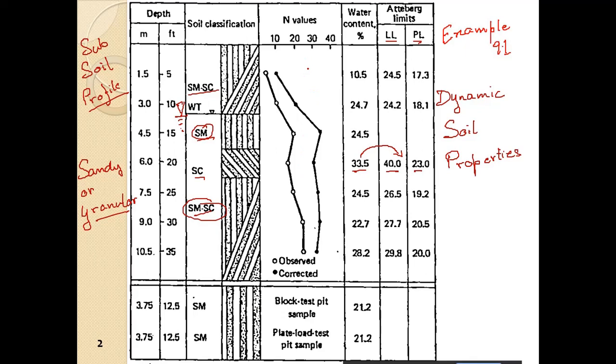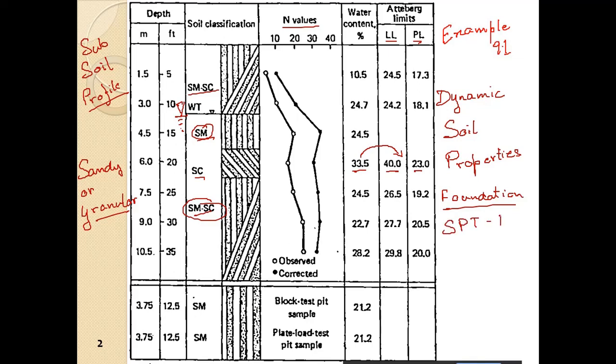Apart from that, we have the SPT N values. You have definitely come across them when you studied foundation engineering. For design of foundations, for analyzing the allowable bearing capacity or net safe bearing capacity, we can use the SPT N values.